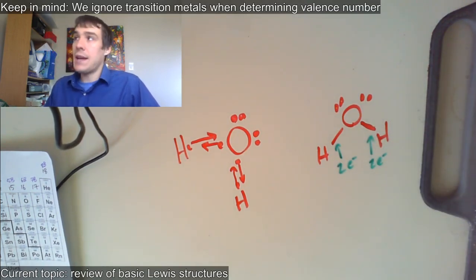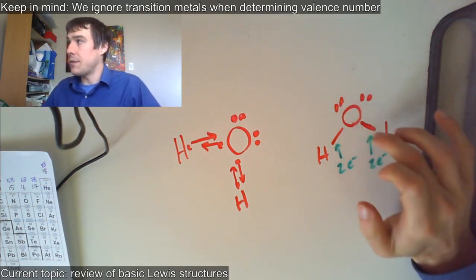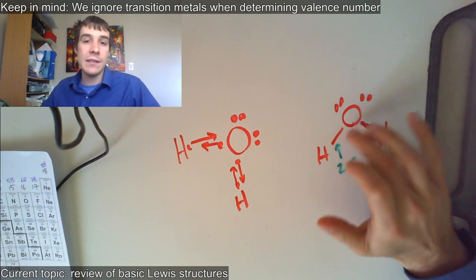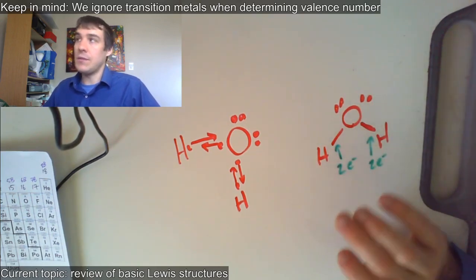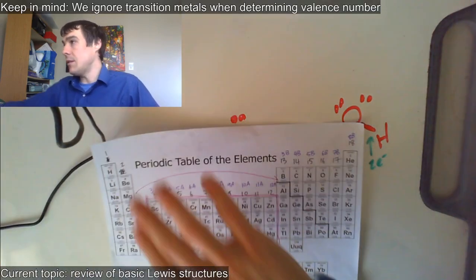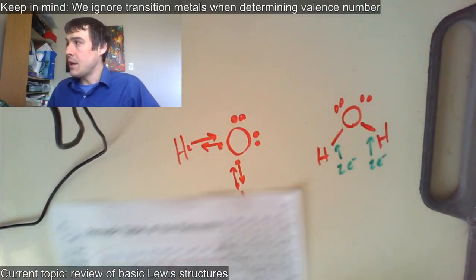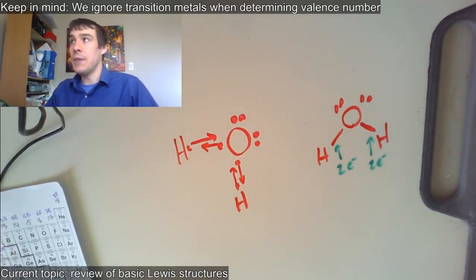And both atoms feel those 2 electrons. So this oxygen now has 1, 2, 3, 4, 5, 6, 7, 8. It sees 8. It's got that stable full octet. And this hydrogen sees 2. That's full for hydrogen because it only wants 2, because it's in that top row. And this hydrogen is also happy, it sees 2.